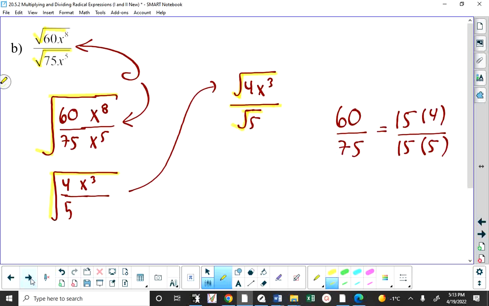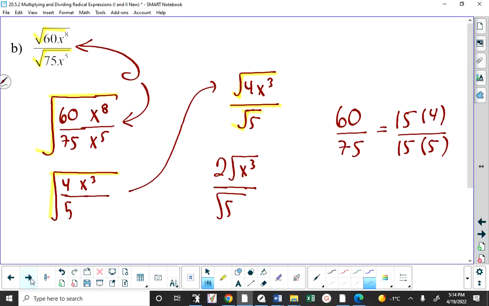You could have worked on this with the two radicals all the way through. Anyway, we can simplify the top of this. Root 4 is just 2, and we're left with 2 root x cubed over root 5.